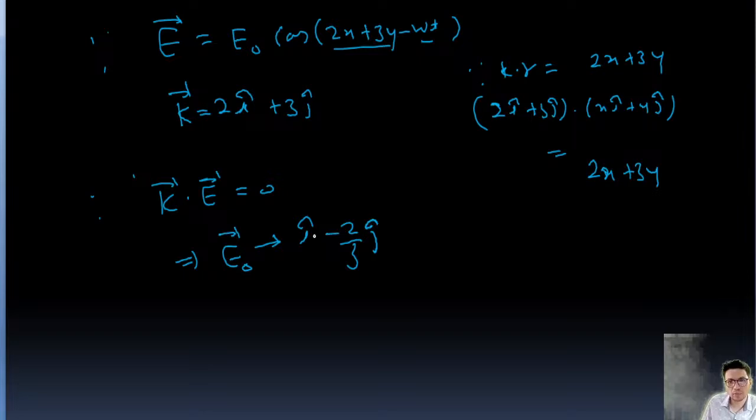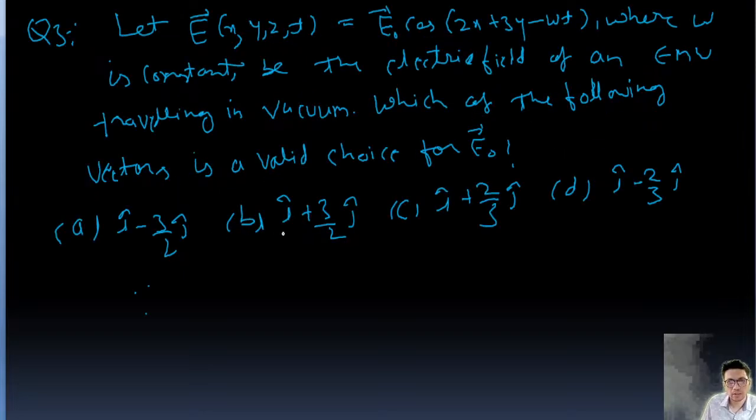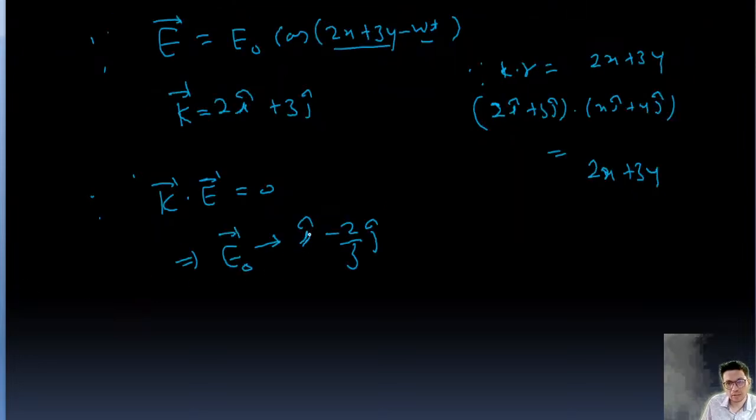So let's check which option is matching, guys. Option D is matching, I cap minus 2 by 3 j cap. This is the best choice.